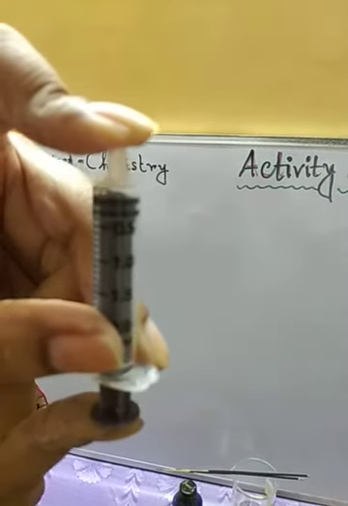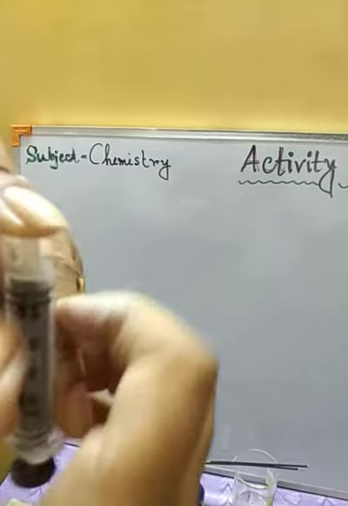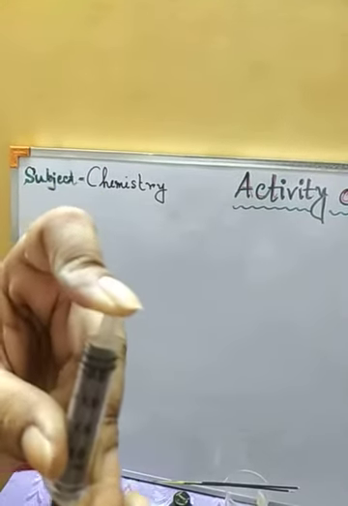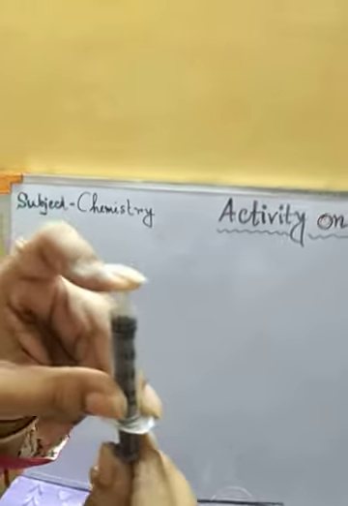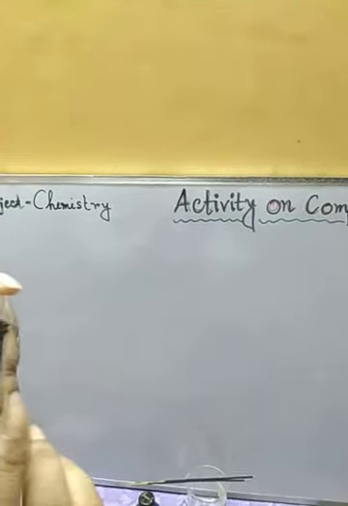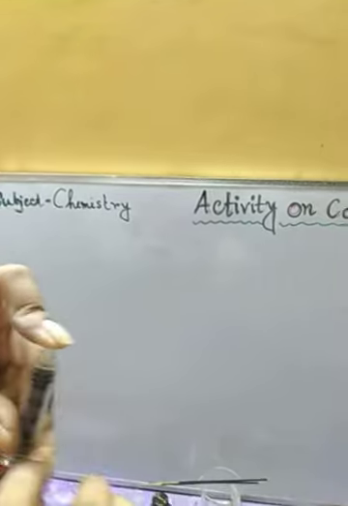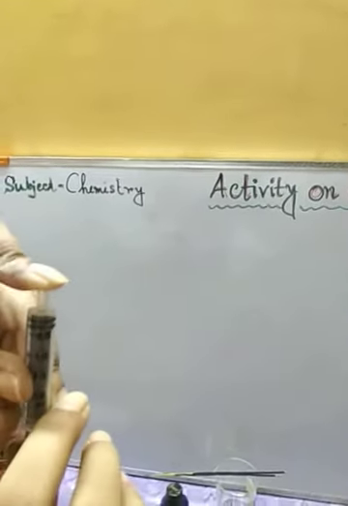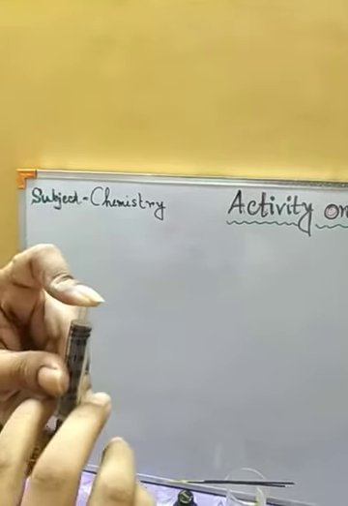Only a little bit of space is available between the piston and the syringe. So from this we can say that gases are easily compressible, as a lot of space is there between the particles of gases.